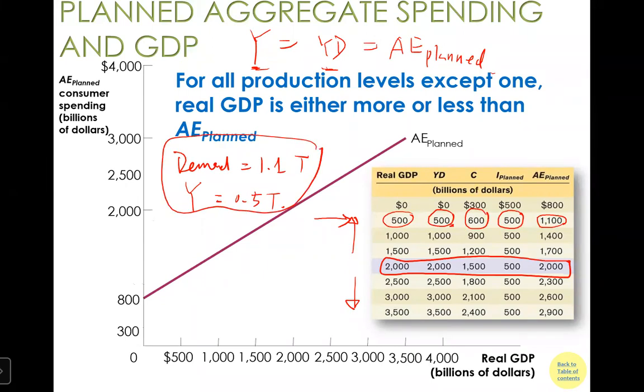What does this mean? This means we underestimate. The demand exceeds the supply, so we are going to lose our inventory very quickly.